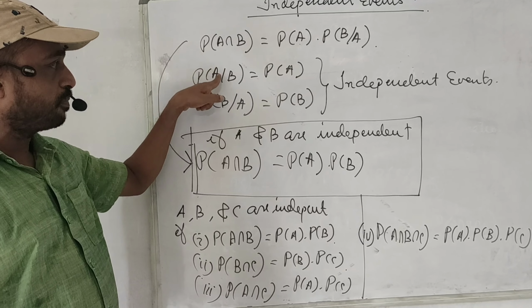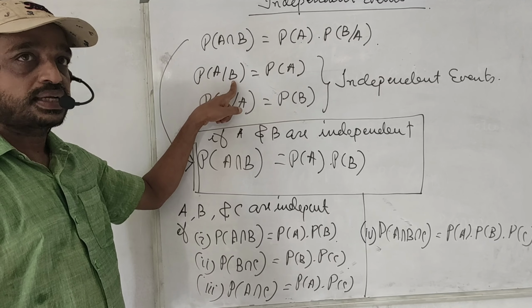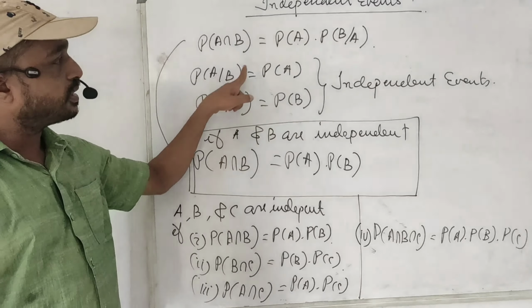It is the probability of happening the event A if the event B has already happened, and that is equal to the probability of happening the event A itself. That means occurrence or non-occurrence of the event B does not affect the probability of occurrence of the event A. Or generally speaking, two events are said to be independent if occurrence or non-occurrence of one of the events does not affect the probability of occurrence of the other event.